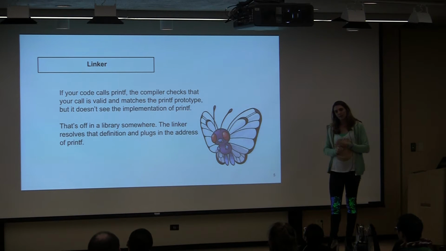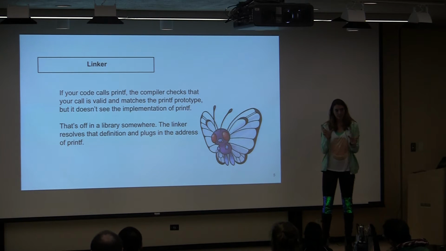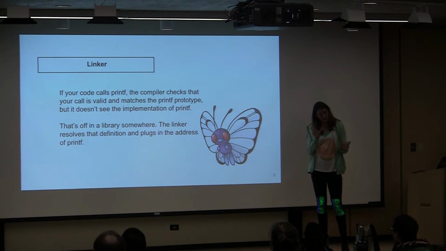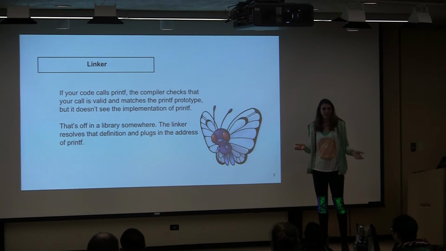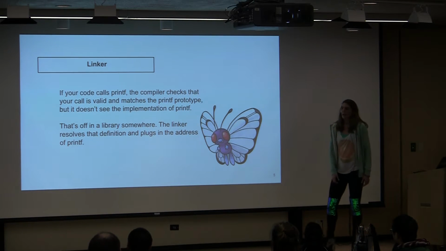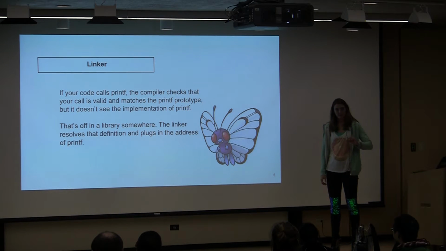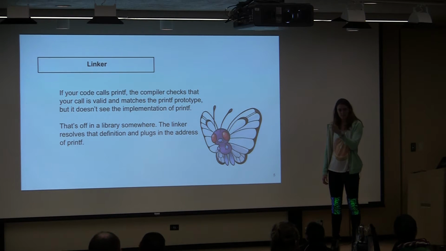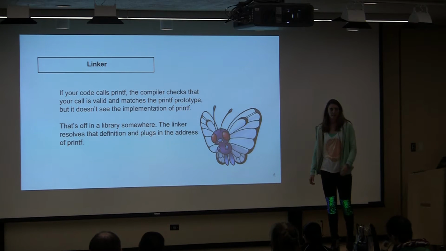And the compiler, which just processes one file at a time, doesn't know anything about the implementation of printf. It just looks to make sure your call matches the prototype, and says, okay, we just assume printf is implemented somewhere and it works. The linker is what actually resolves that reference and puts in the address of printf for that spot in the code so that it goes to the library implementation of printf and does the right thing.